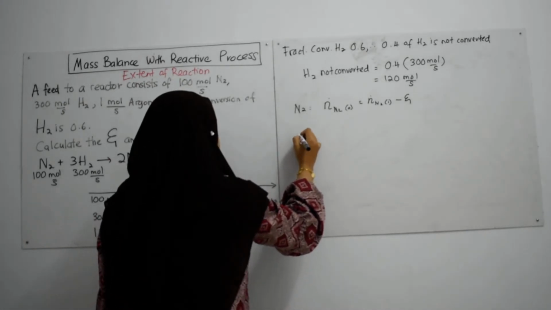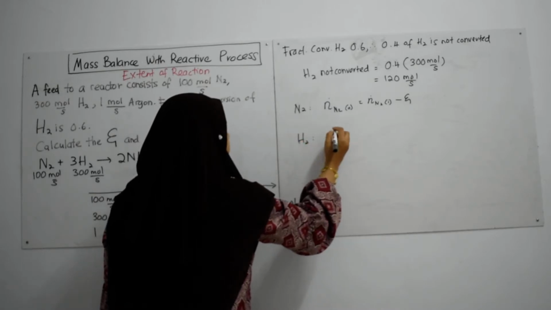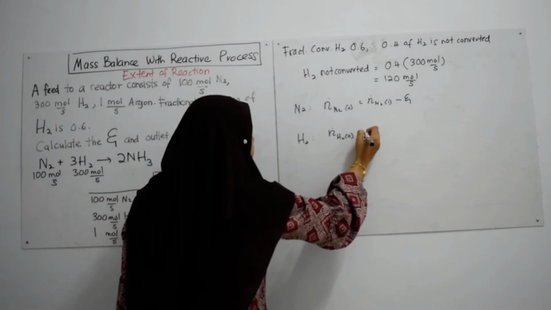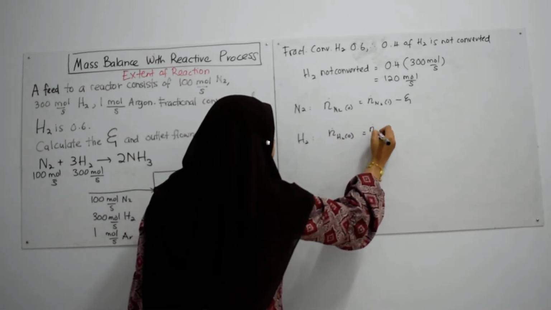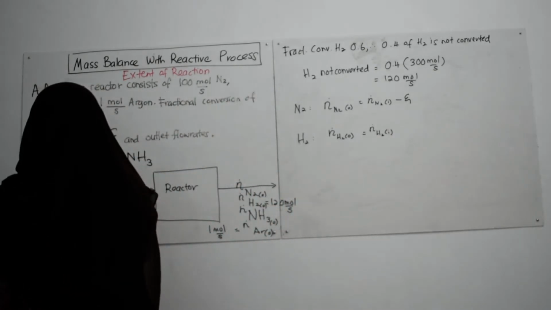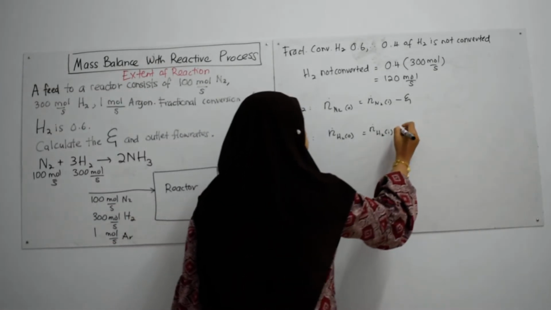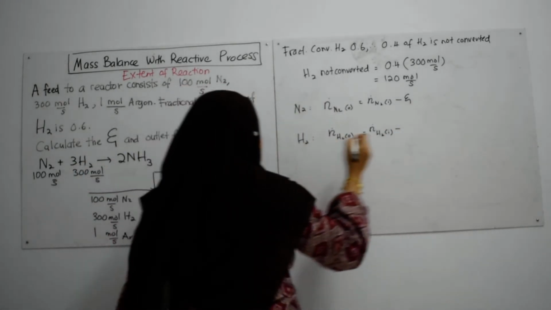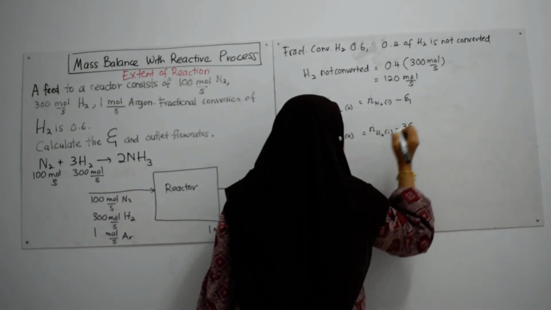Let's do it now for hydrogen. n H2 out is equivalent to n H2 in. Hydrogen is also a reactant, so it's going to have minus 3 times the extent of reaction, because the coefficient is 3.